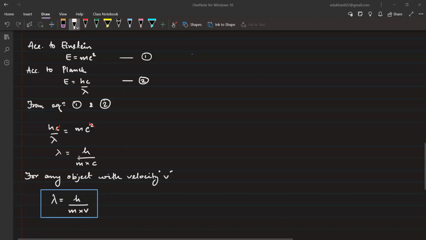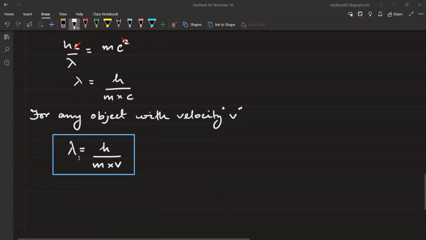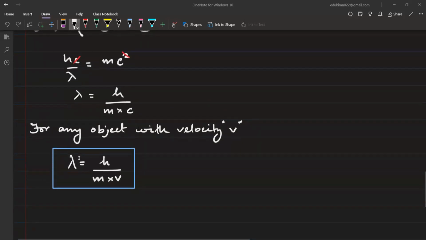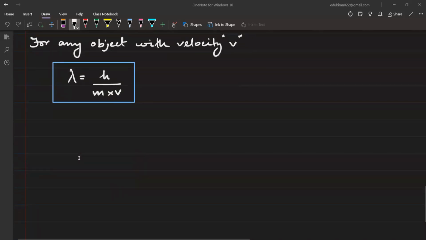Okay, so I hope everyone is done writing. Now, what is mass into velocity? Tell me, guys. In class 9th, you have learned a concept. What is mass into velocity?